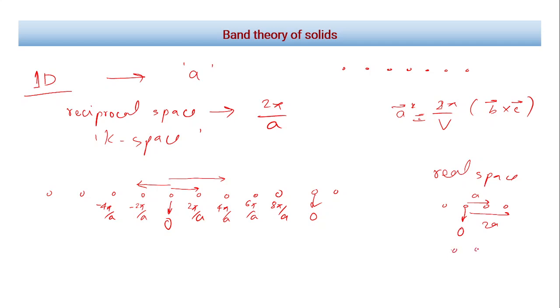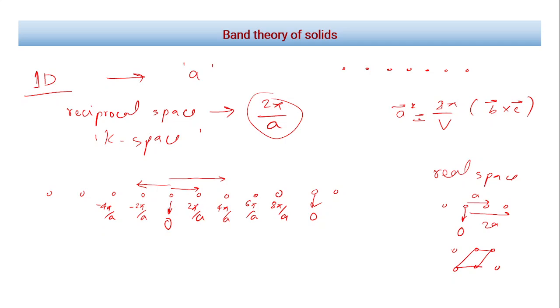Or if it's 2D, then I can have my lattice vectors A, B, which I will repeat to get all the points. Similarly in reciprocal 1D space, if this is my origin, with the reciprocal vector 2 pi by A, I can generate all the reciprocal lattice points. I hope this is clear, because this is very important.